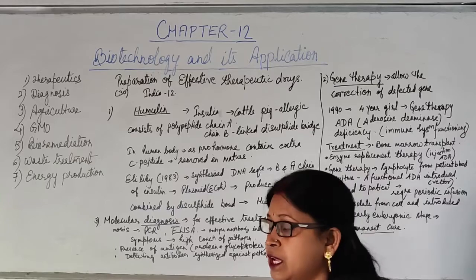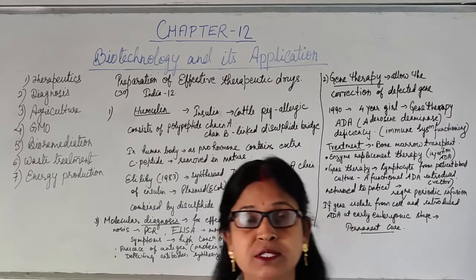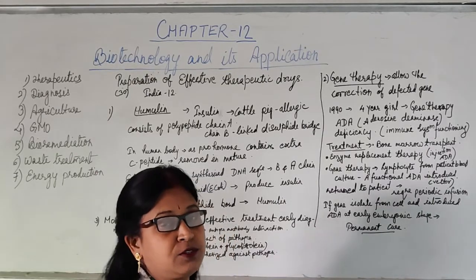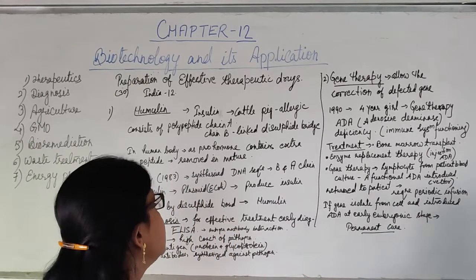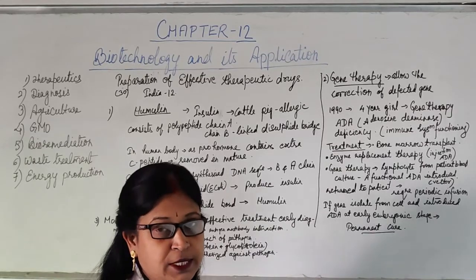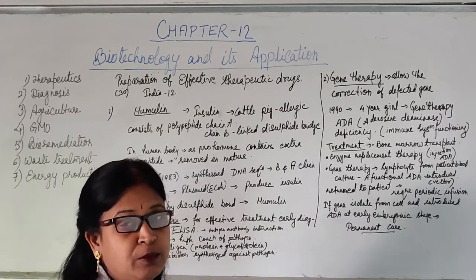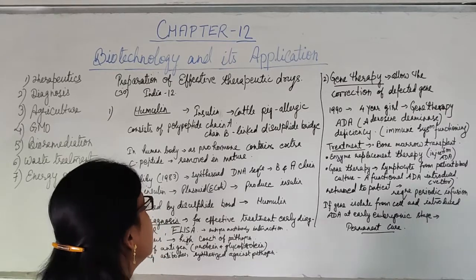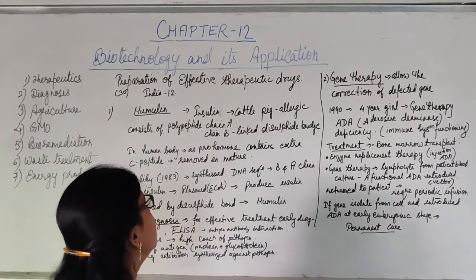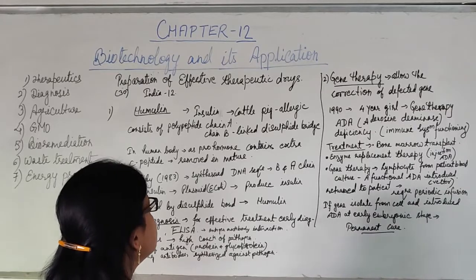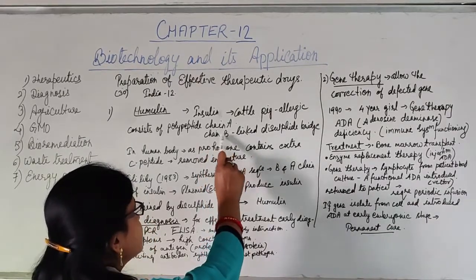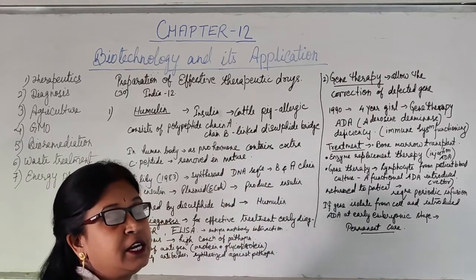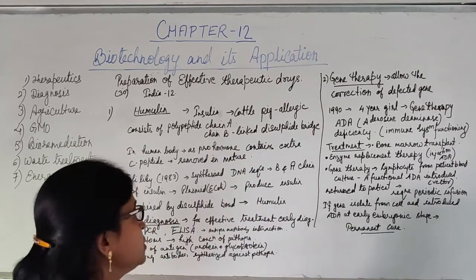Then, because we know the structure of the insulin, nowadays, with the help of rDNA technology, we can make the insulin by the help of the human cell, and it is best suited for the human body, and that's why it is known as humulene. Now, this insulin consists of two chains, polypeptide chain A and B, which are linked by the disulfide bridge.